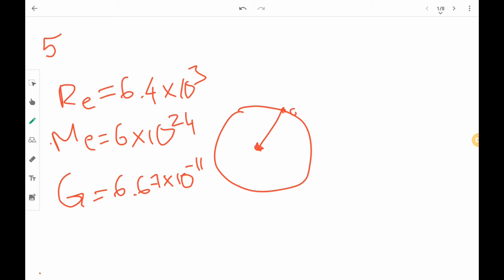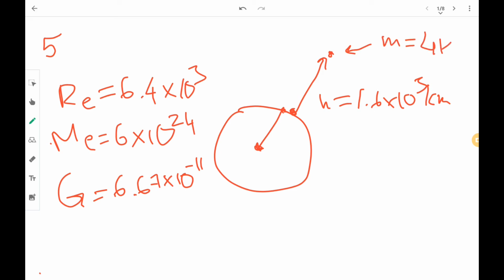And you have an object which is lifted from the surface of the Earth to a distance above the Earth. This distance is 1.6 times 10 to the power of 3 kilometers, and the mass of this object is 4 kilograms. They want you to find the change in the potential energy for this object.